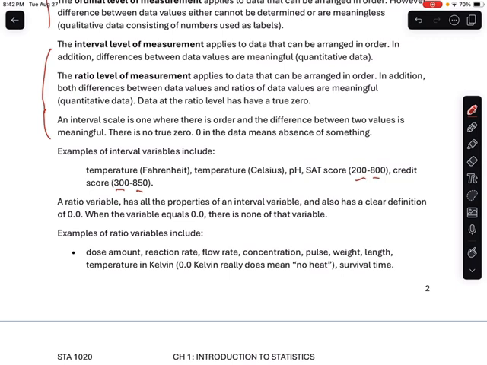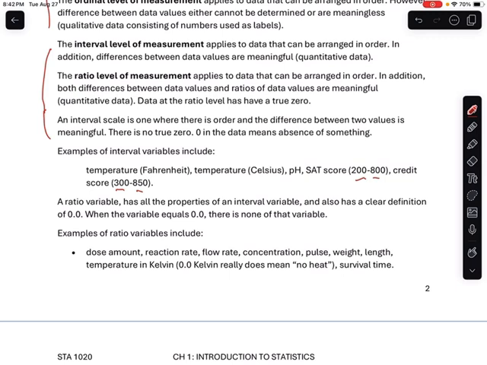Now a ratio variable has all the properties of an interval variable and also has a clear definition of zero, or 0.0. When the variable equals 0.0, there is none of that variable.